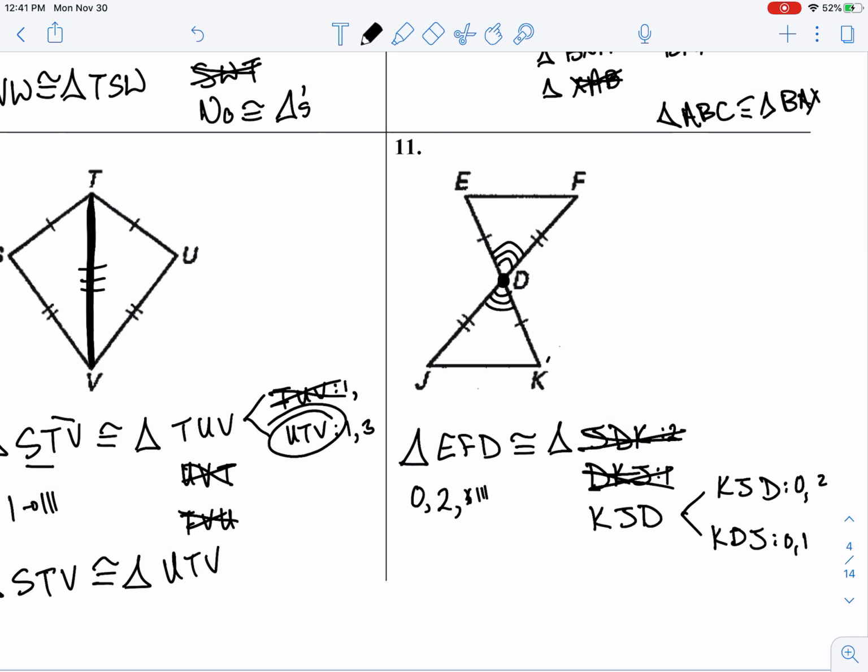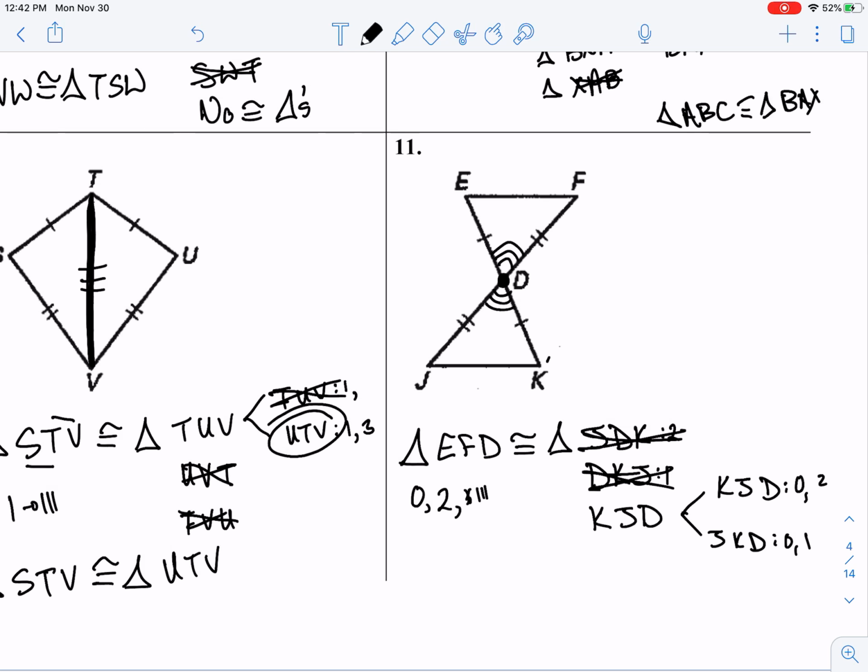I messed up on my label. It should be JKD. Okay. So JK is 0, K to D is 1.